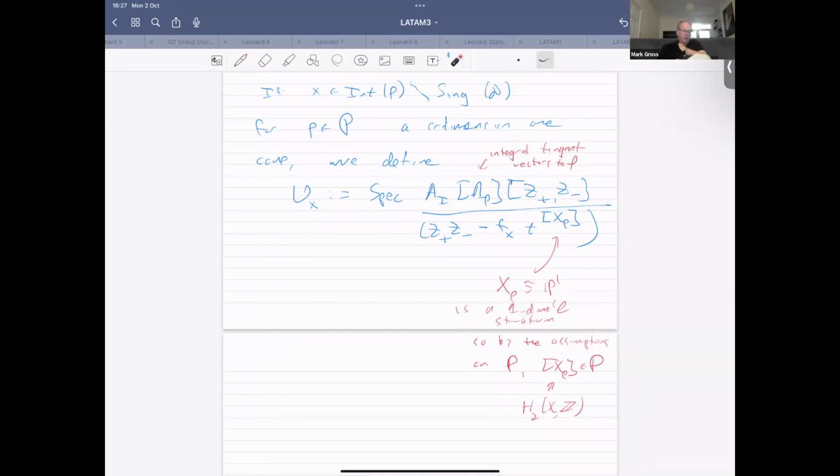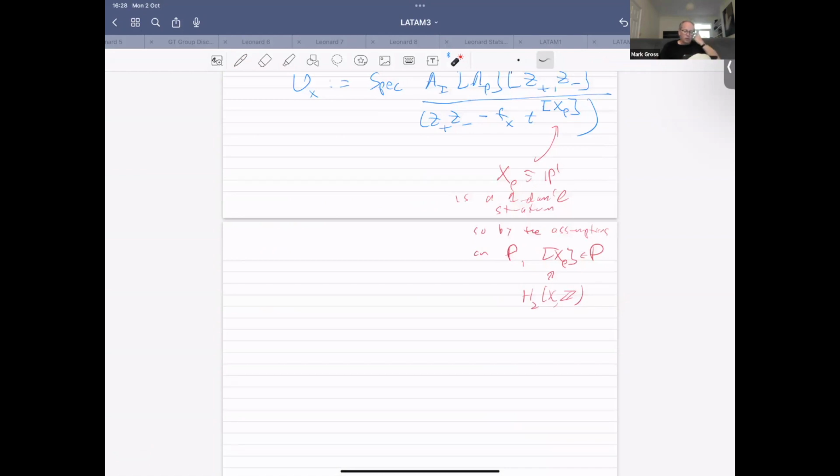Okay, so I have some equation that looks like, roughly, if we ignore this correction term, which we're going to take into account and understand better later, this looks like z plus times z minus is equal to t. So it's some kind of smoothing of z plus times z minus equals 0.